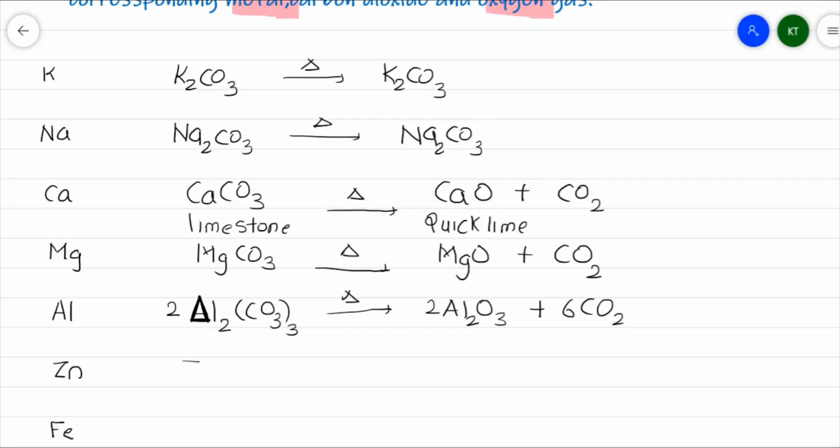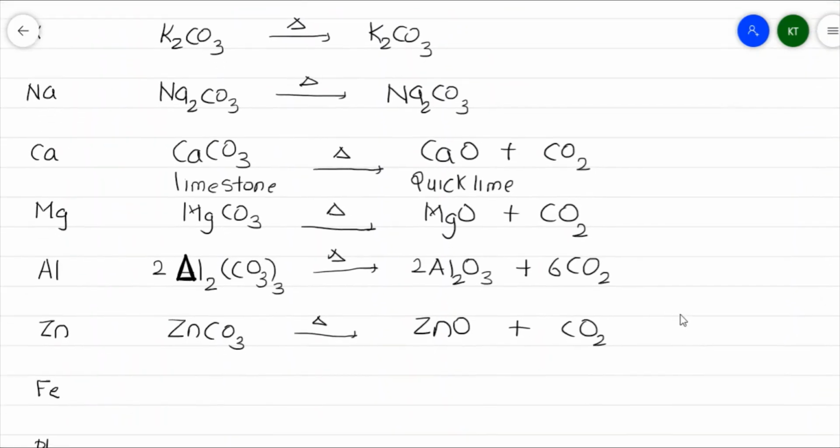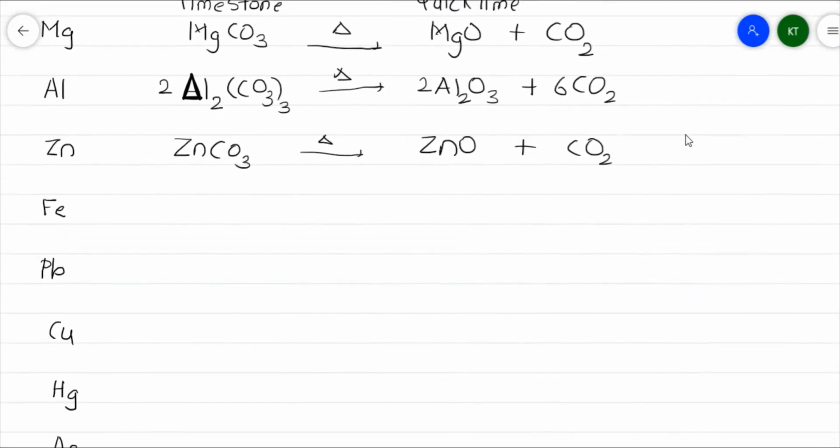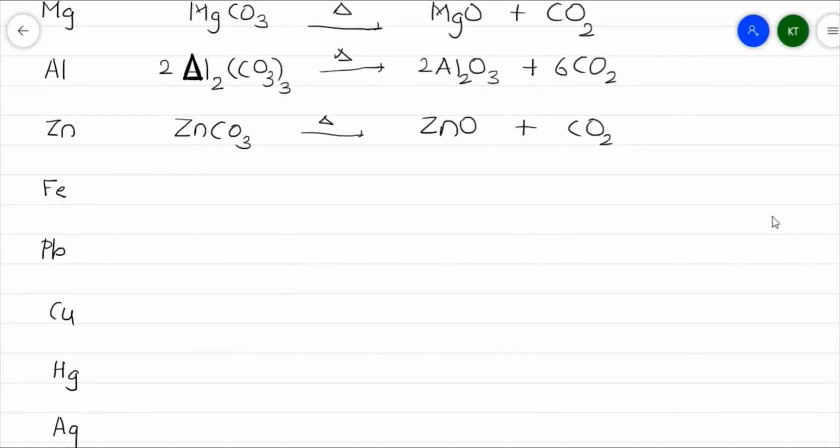Then I have zinc carbonate, ZnCO3. When I heat it, it gives me ZnO, zinc oxide, plus carbon dioxide. As we know from earlier cases, the oxide of zinc is yellow when hot and white when cold.